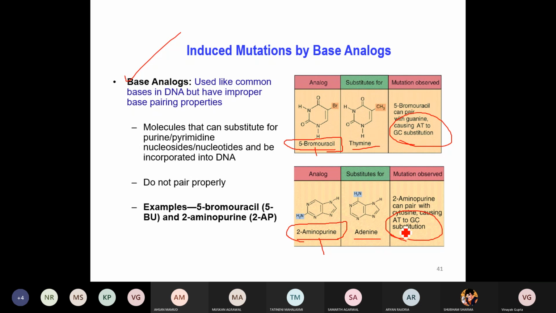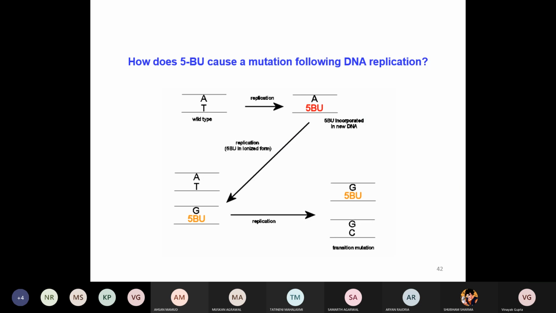If you follow the concept, it is very simple. Otherwise, it may look like we have to mug up so many things, but there is no need to mug up. Just follow the concept, which you can see here. Initially, it was AT. You are growing your cells in the presence of bromouracil.